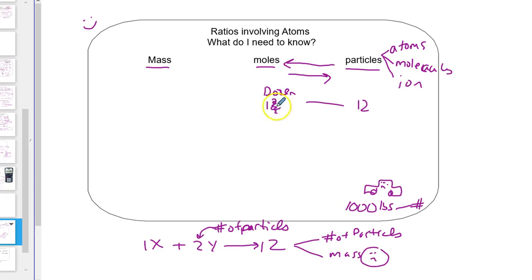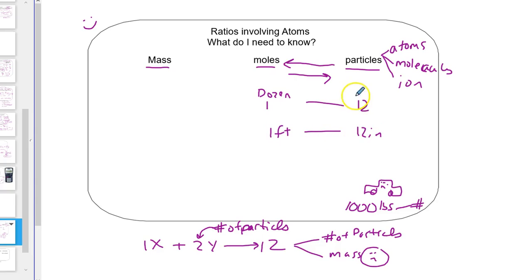You have 1 dozen equals 12. So it takes a number and packages it into a number that contains more. It's really a lot like 12 inches equals 1 foot. It's really the same thing.